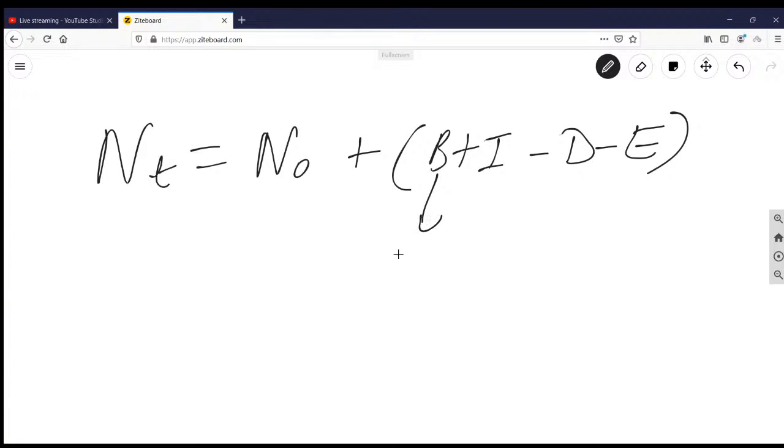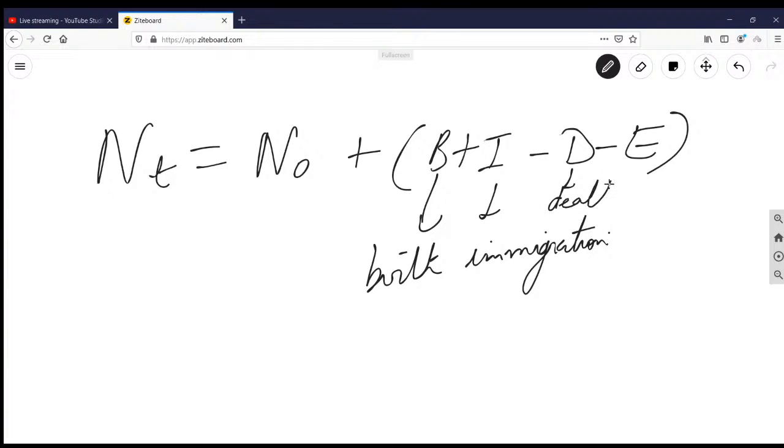Birth, okay, this is immigration, this is death, this is emigration. Nt is the final population size.